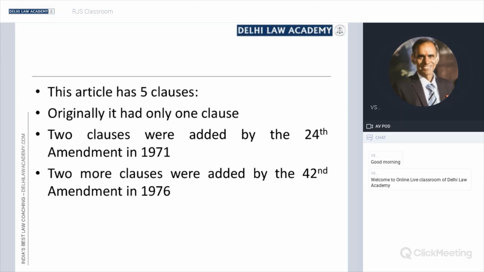Originally, there was only one clause in this article. Then 2 clauses were added by the 24th Amendment in the year 1971, and 2 more clauses were further added by the 42nd Amendment in the year 1976.